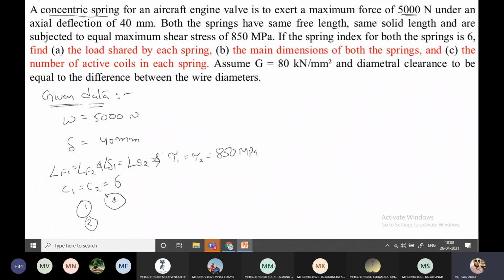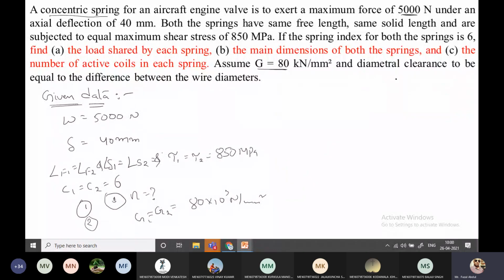The third question is the number of active coils in each spring, assuming G is given for both materials, G1 equals G2 equals 80 into 10 power 3 newton per mm square.